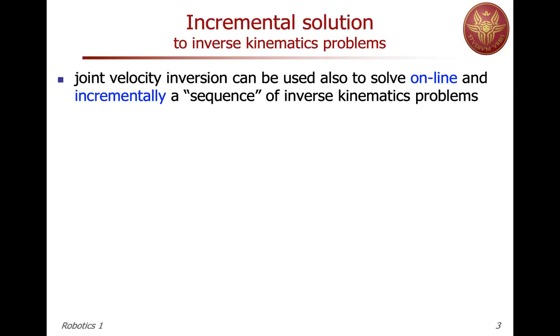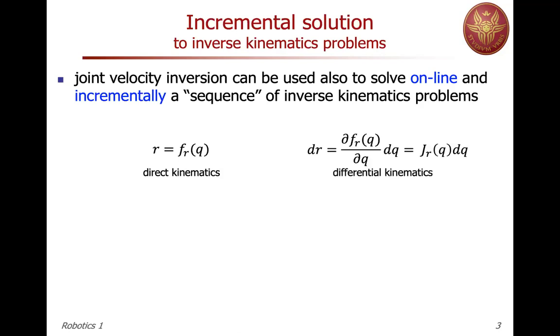Now, how is this related? The repeated solution of a sequence of inverse kinematics problems, how is it related to joint velocity inversion? In fact, it is close. In this slide, I would like to use both the direct kinematics, which is now written in analytic form, and the differential kinematics, and for the time being, you can consider that this is the analytic Jacobian.